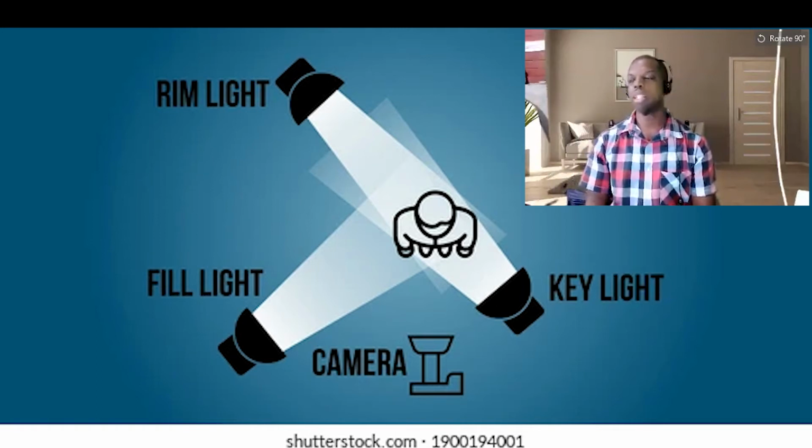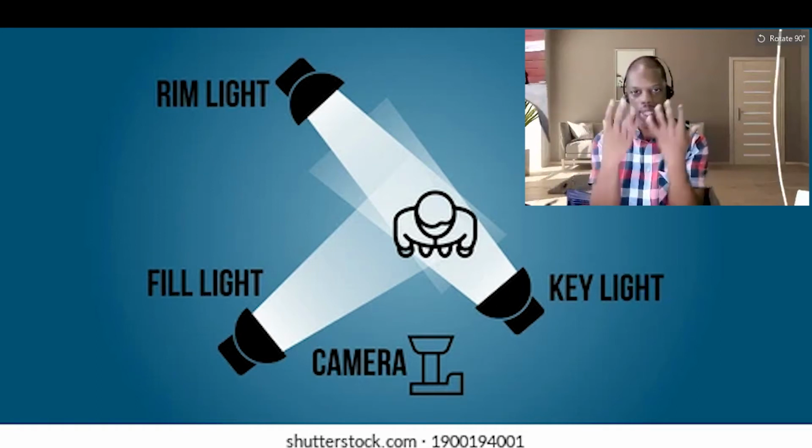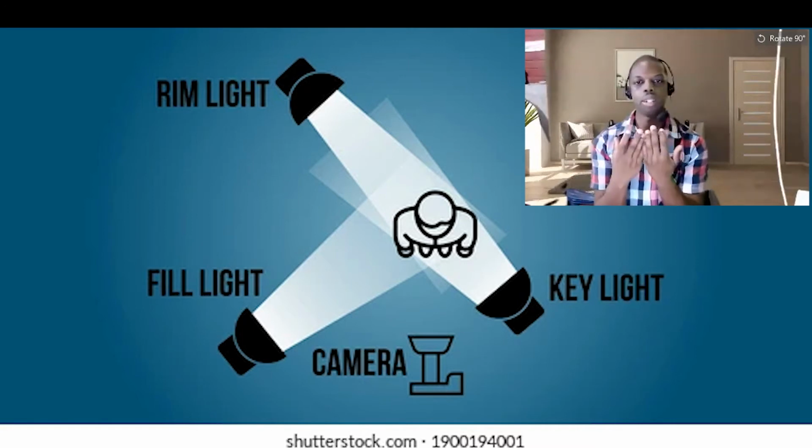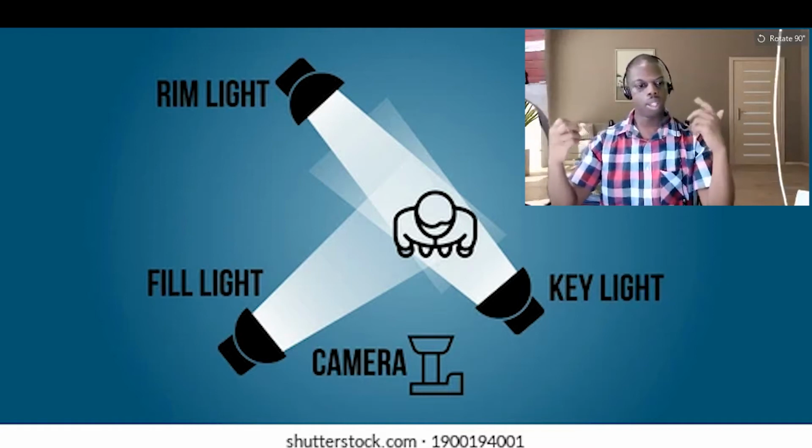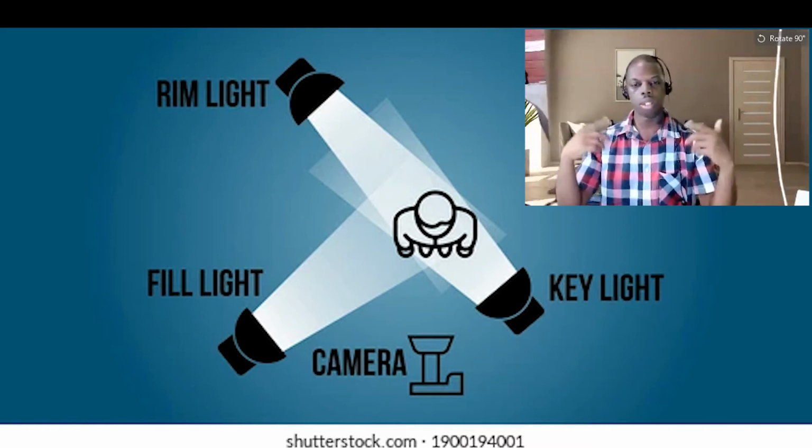But look at this now. If your key light is directly in front of you, you don't need a secondary fill light, because it's filling up your image. It's just that they use two different lights because most things in the world work with shadows. So if you have something that doesn't have any shadow, it looks artificial.